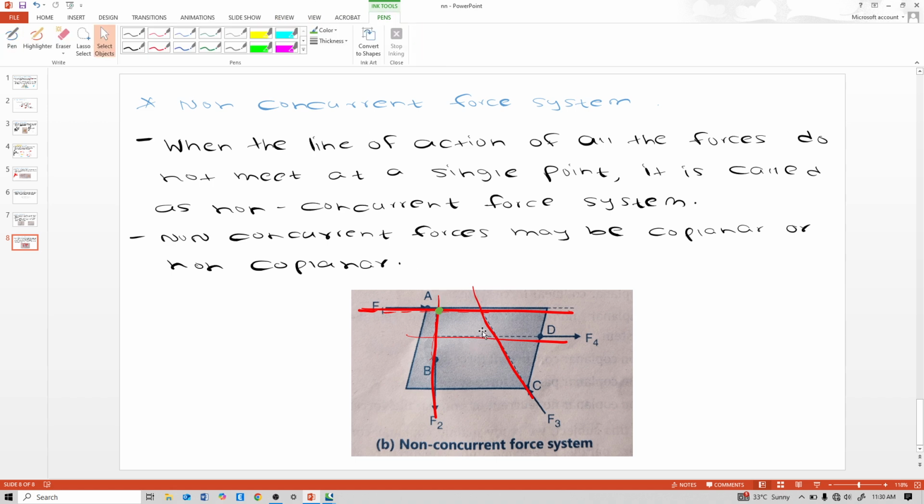But these are all not meeting in a single point. See, this F4 line of action is meeting here only. So they are not meeting in a single point. That's why this is a non-concurrent force system. They are meeting at different points. Yes, they all are meeting, but they are meeting at different points. So concurrent means they are meeting at a single point.